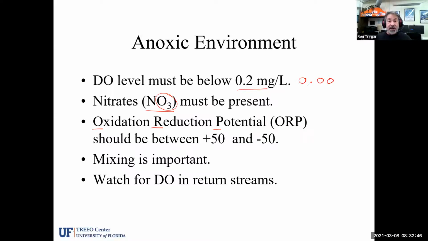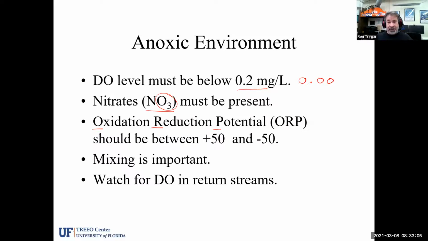So if a lot of free dissolved oxygen is present and a lot of nitrate is present, like in an aeration basin, the ORP numbers are generally in the high millivolt range, which means positive millivolts, somewhere above 100 on the positive side of the millivolt range.